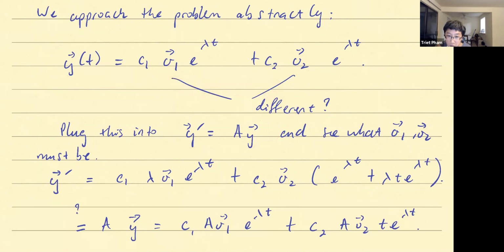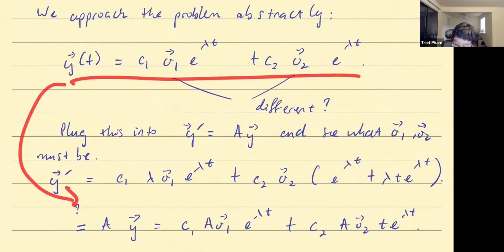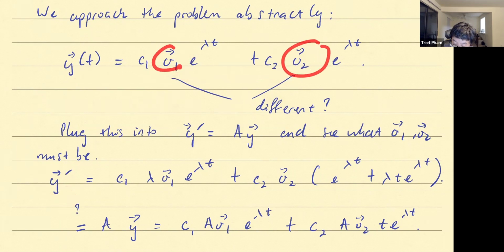That's my point. It's not a random decision. When you, with the t, it's not a random decision. It's inspired. But when you carry out this analysis, what you will conclude is that V1 and V2 must be eigenvectors.